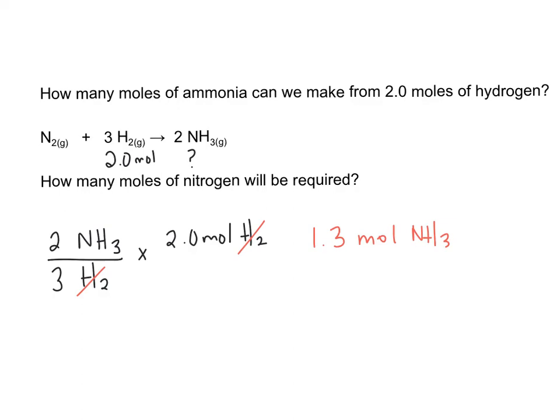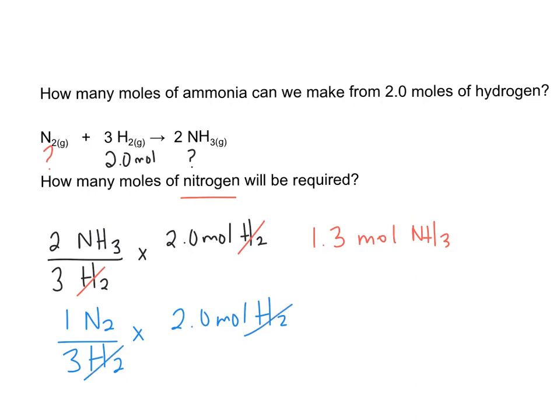Okay, so the next question: how many moles of nitrogen will be required if we use 2 moles of hydrogen? So the ratio is 1 N2 for every 3 H2s, times 2.0 moles H2.